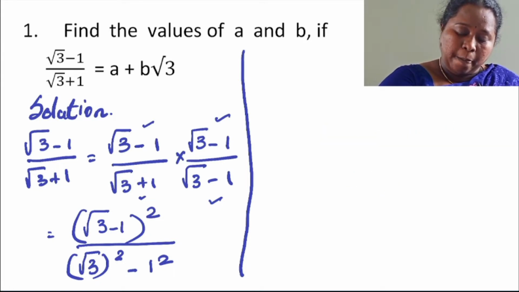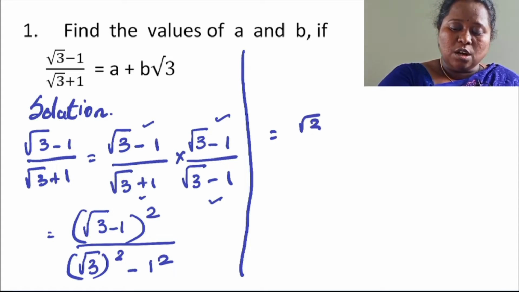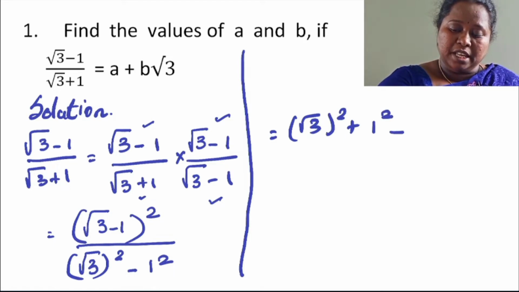See here, in the numerator we have root 3 minus 1 the whole square. We know the algebraic identity x plus y the whole squared is equal to x squared plus y squared plus 2xy. The same thing I am going to apply here. Root 3 the whole squared plus 1 squared then minus 2 into root 3 into 1.